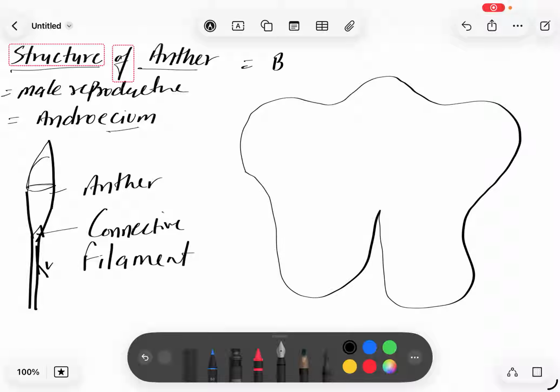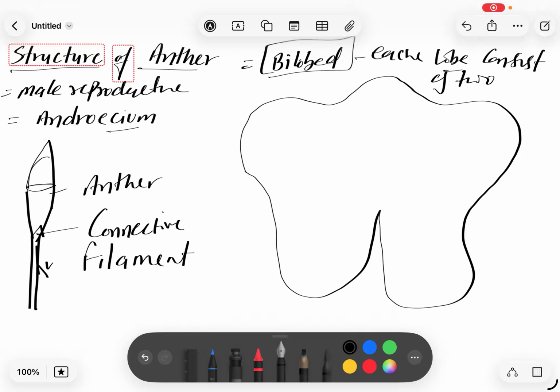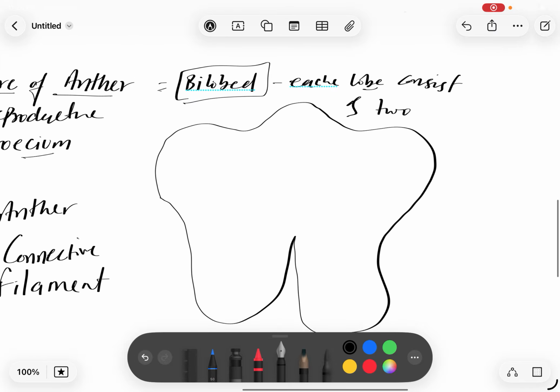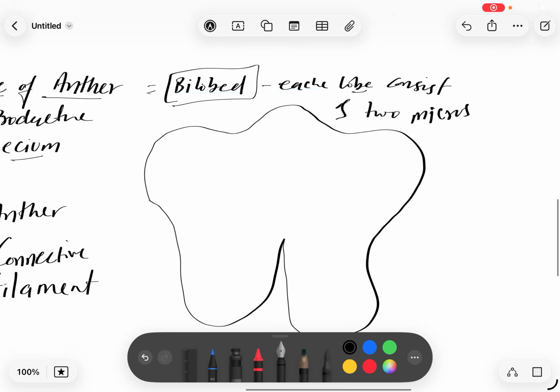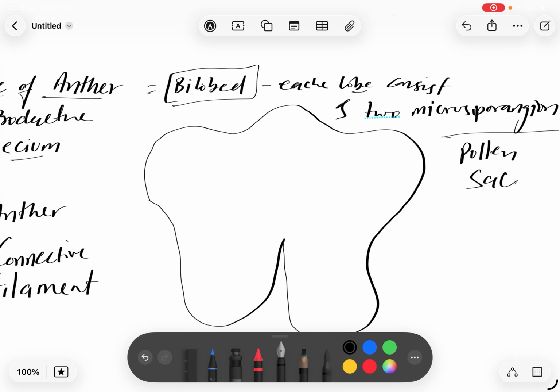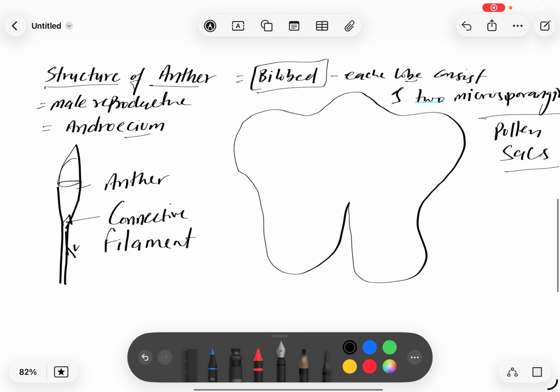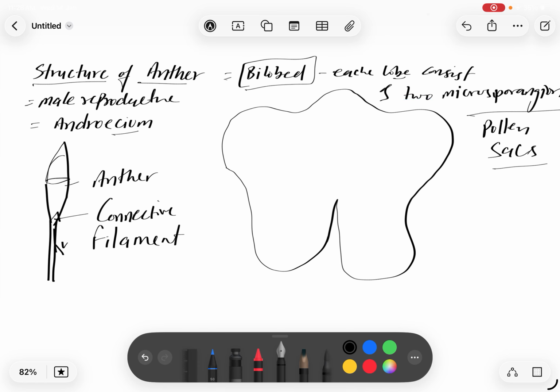Mostly angiospermic anthers are bilobed, and each lobe consists of two microsporangia, which are also known as pollen sacs when they mature.